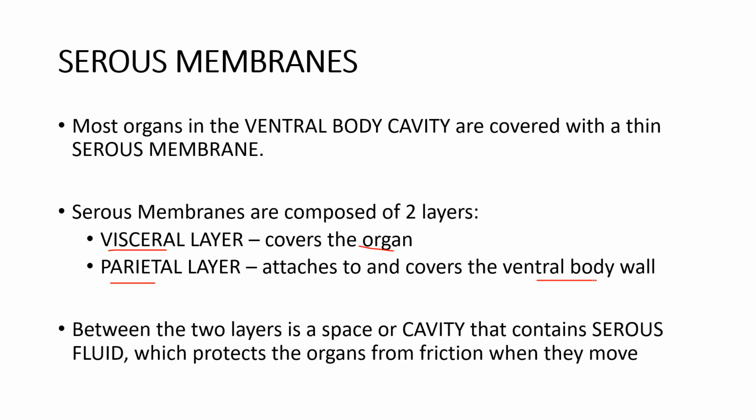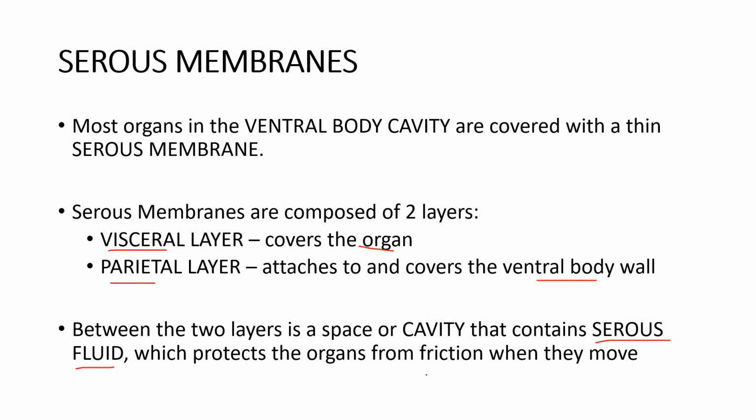Now, between these two layers, between the visceral layer and the parietal layer, there's going to be a space. This is a fluid-filled space. The name of the fluid that is found in this space is called serous fluid. That's the name of the fluid that's between the two layers. So it's a fluid-filled cavity.